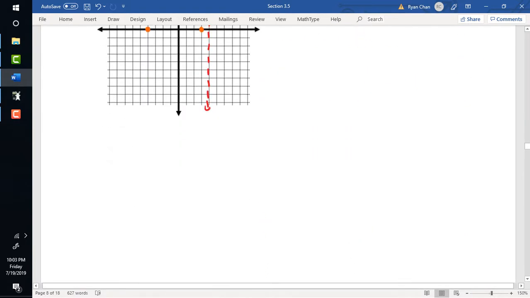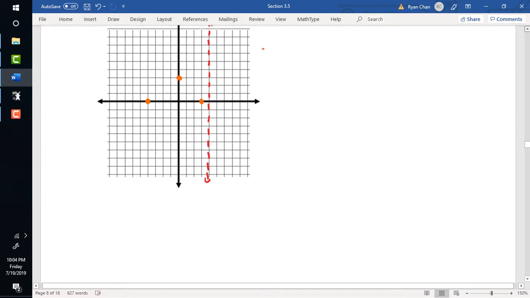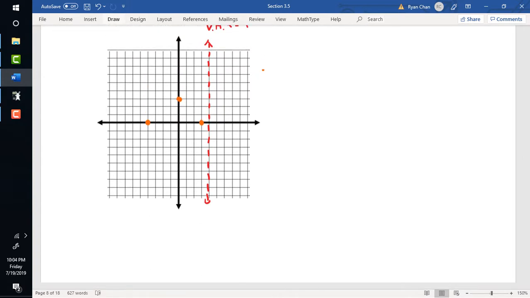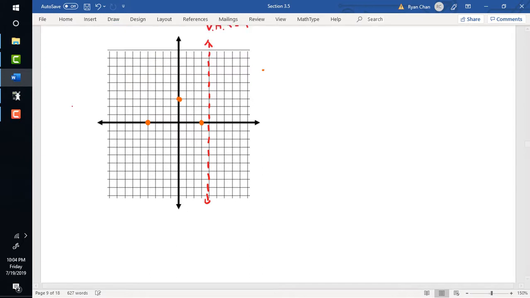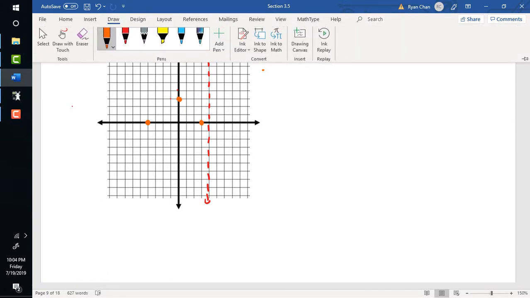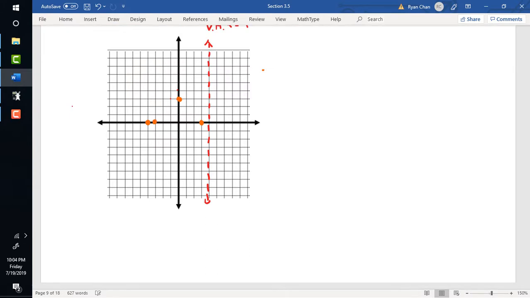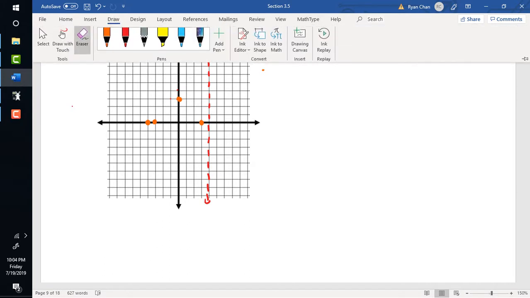So let's look at this right here. So remember, x plus 5, if I draw this, that means I have a y-intercept at 0, 5. Okay, make sure you know how to graph lines. Okay, it's a good thing I caught this.